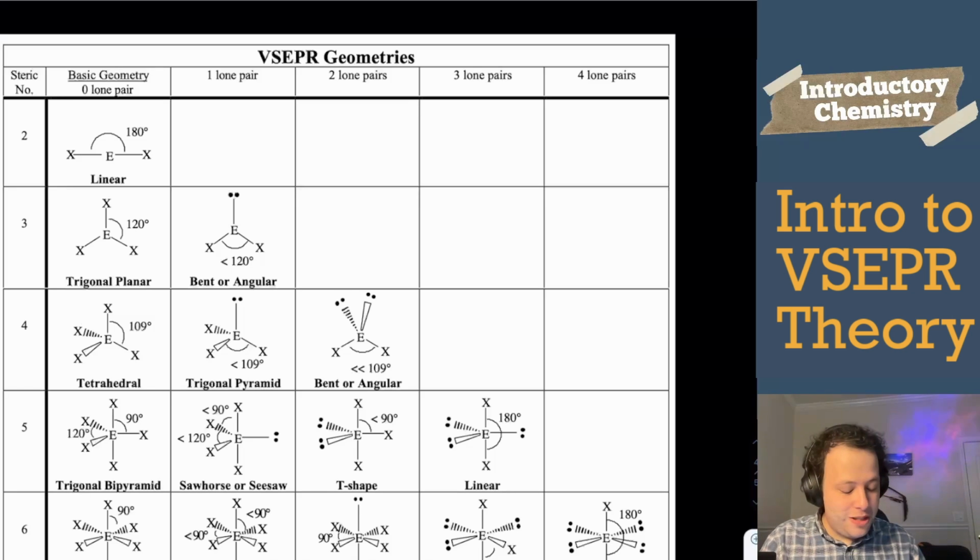So how does this work? When we read these charts, it looks a little scary at first, but it's going through all the different geometries that we just talked about. We went through the first four here.